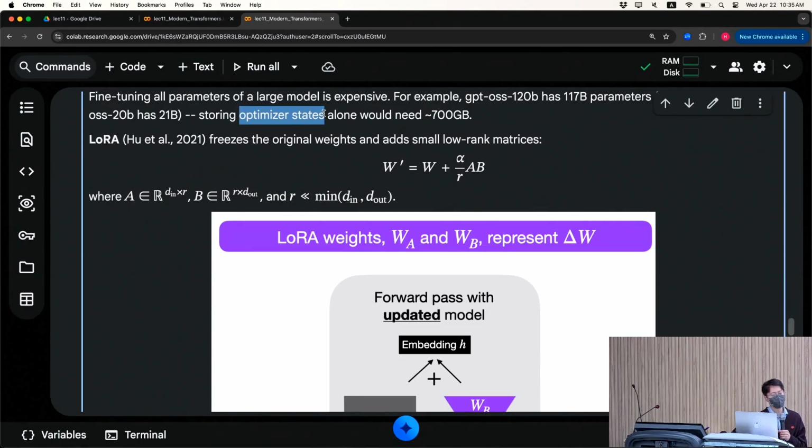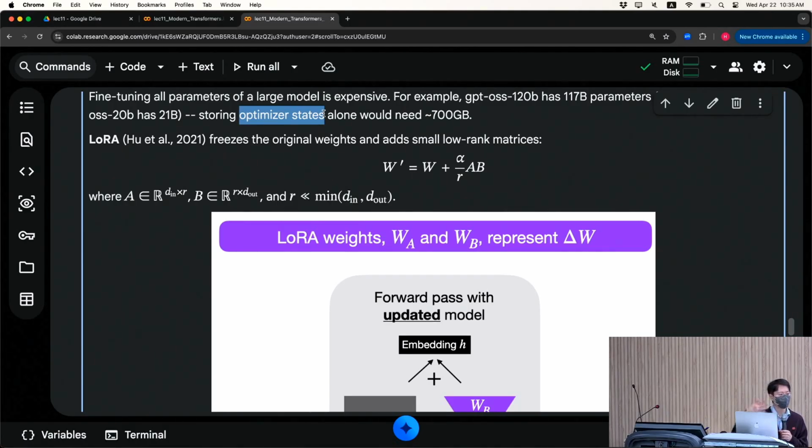You element-wise multiply momentum or velocity with the gradient. So it has to have the same size as the gradient, and the gradient has the same size as the weights. So it's not just the weights and activations you need to store in memory.